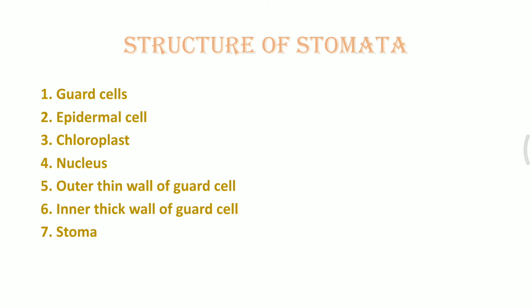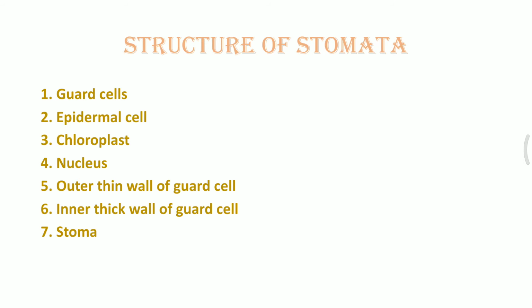So you have to mark them over there. What is the location of the nucleus? Nucleus is within the guard cells, and nucleus is also present in the epidermal cells. Which area of the guard cell is thicker? Yes, the thicker area is the inside area of the guard cell, and it provides flexibility for the opening of stomata, whereas the outer wall is thin, so that again helps in opening the stomatal pore.